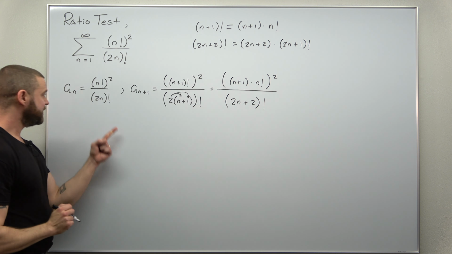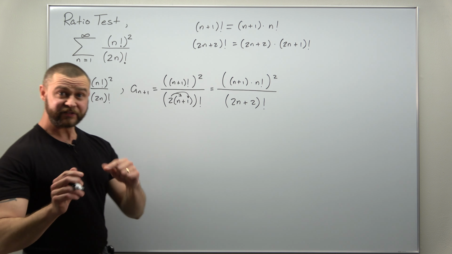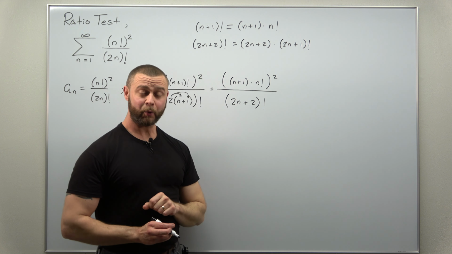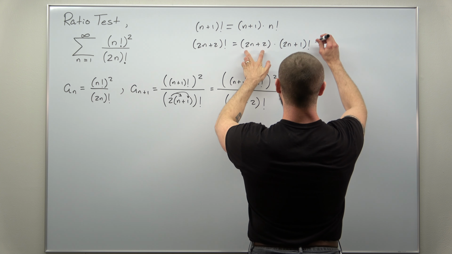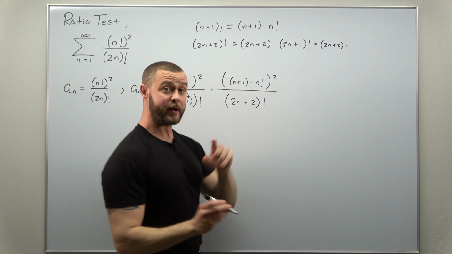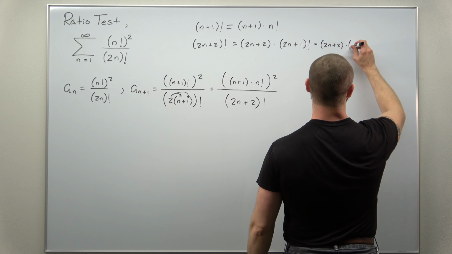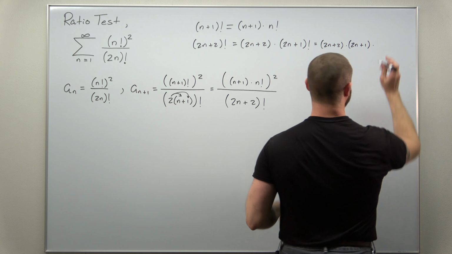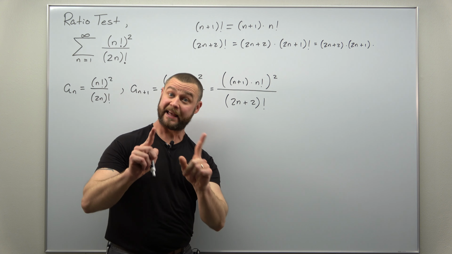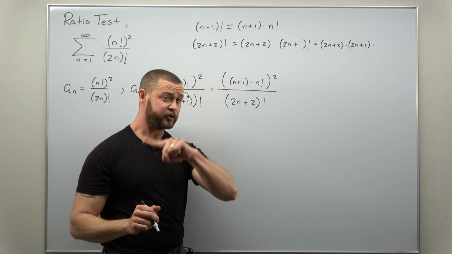What we're going to try to notice is we would like a factor to cancel 2n factorial. So let's apply our factorial property again to 2n plus 1 factorial. So we're going to have our 2n plus 2 there. And now if we apply our factorial property, we're going to have the integer 2n plus 1, and now that integer 2n plus 1, we subtract 1 to get 2n, and that's the factorial that we're taking of the integer 2n.